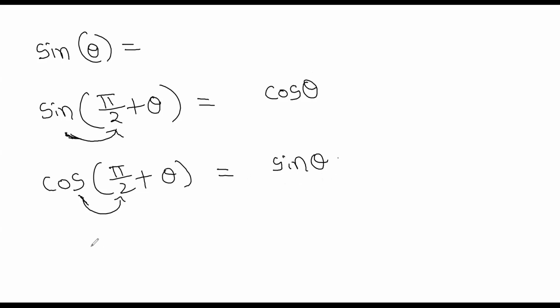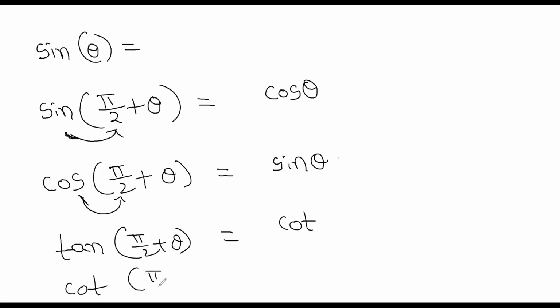Now tan of pi by 2 plus theta converts to cot. Secant converts to cosecant. Just the opposite way. If it is cot of pi by 2 plus theta, cot becomes tan.